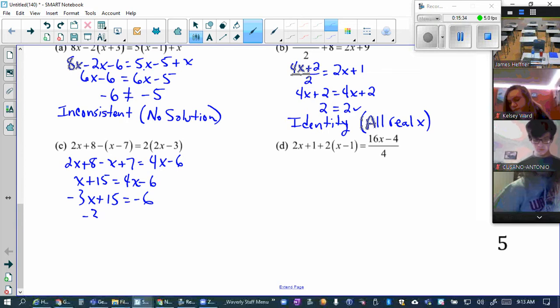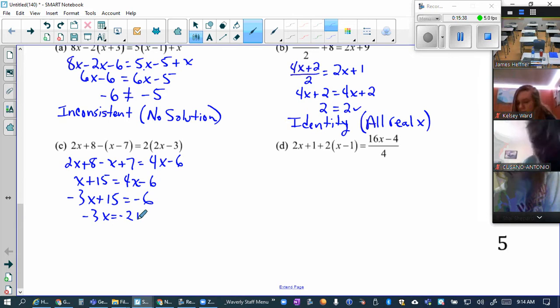So we get negative 3x equals negative 21. Oh, no, but it's a negative 3x. You should never have, well, okay. What are you just going to divide both sides by negative 3? Right? What do we got?